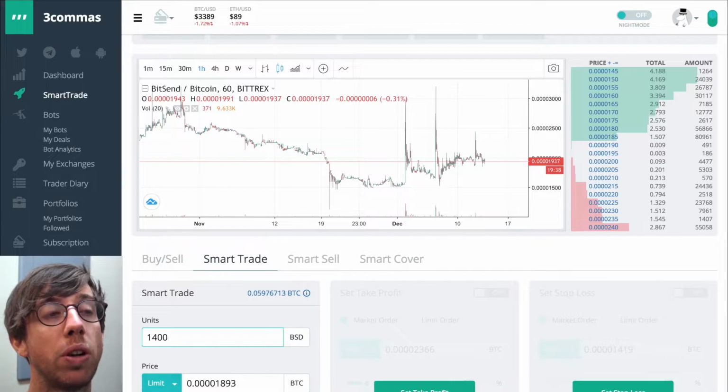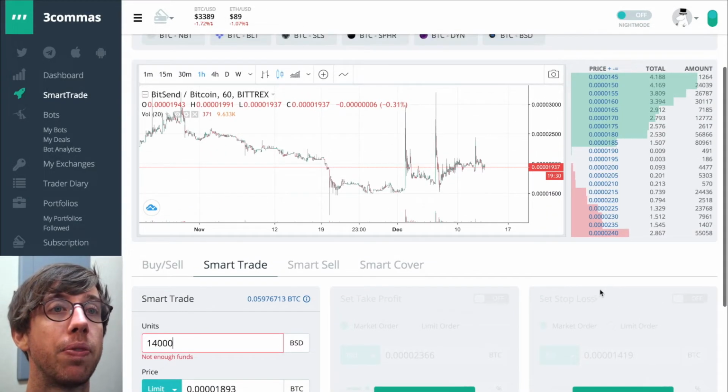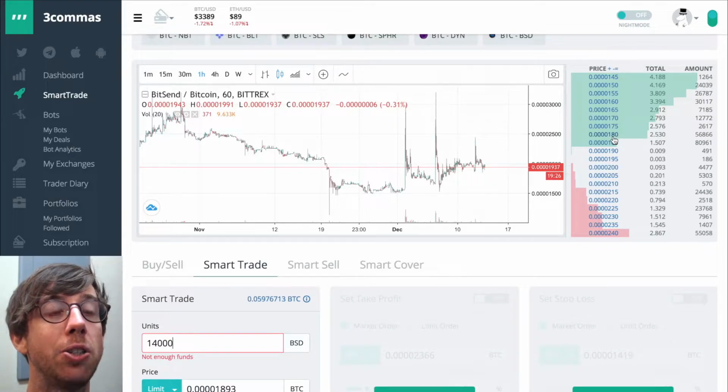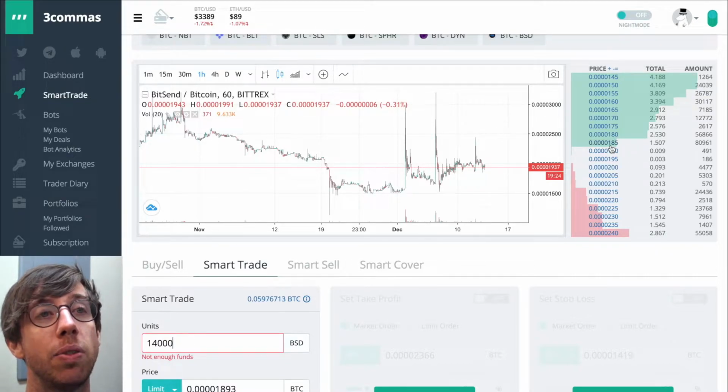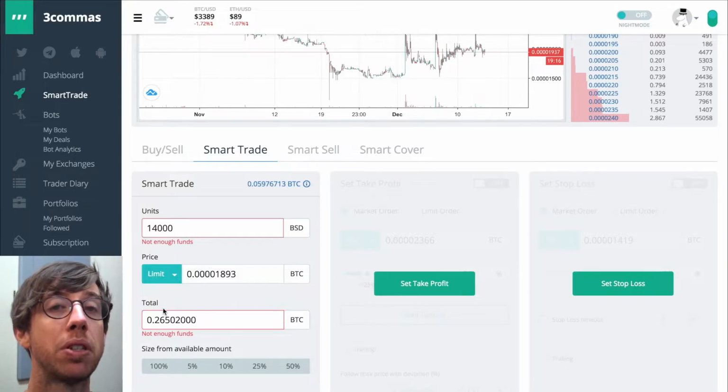So we could say 14,000, but I don't even have that much Bitcoin. That would require 0.2 Bitcoin. So that would be 10% of this buy range right here from 1800 sats to, was it 1900 sats? There's a lot of people buying there. 14,000 BSD would be 10% of that trading volume.